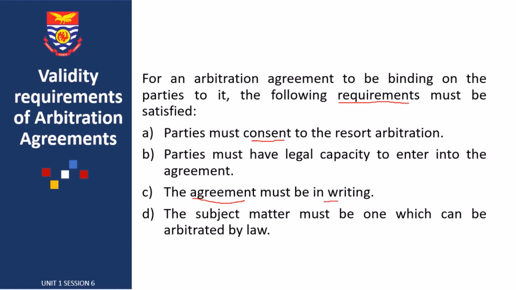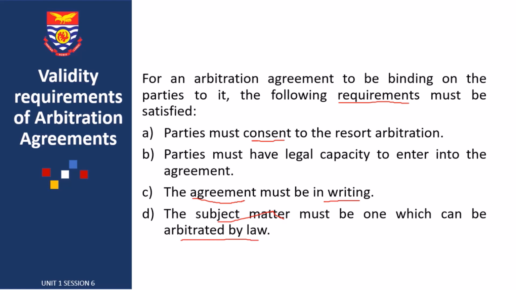Before you go to arbitration, you should have a pre-existing agreement in writing, or sometimes the court may also refer you if the parties consent to it. The subject matter must be one which can be arbitrated by law. So you are saying that the subject matter of the arbitration should be one that can be arbitrated by law.